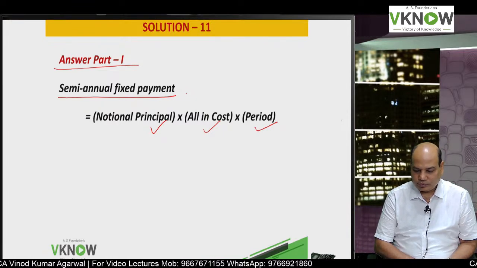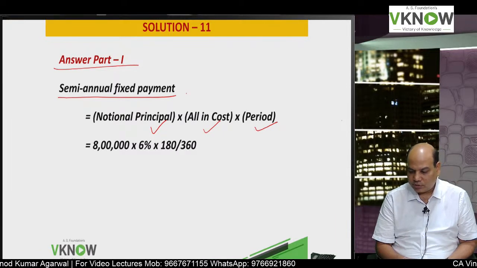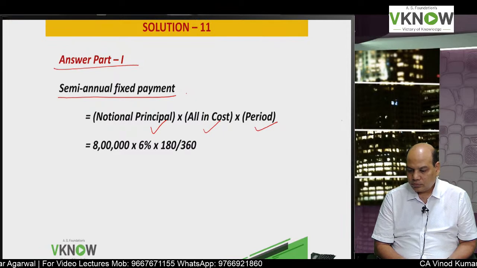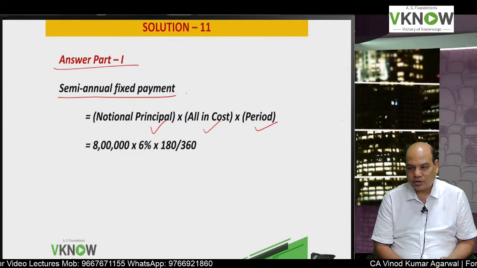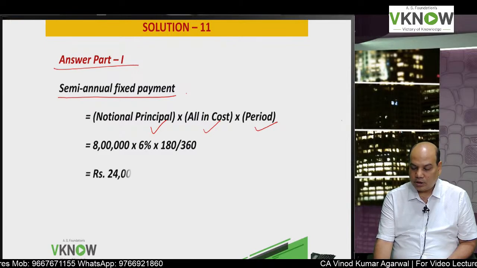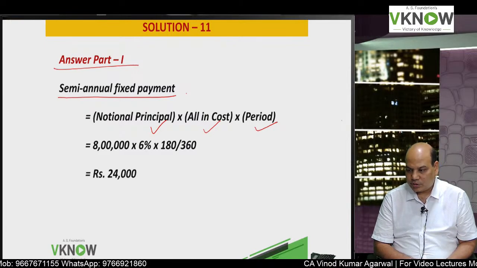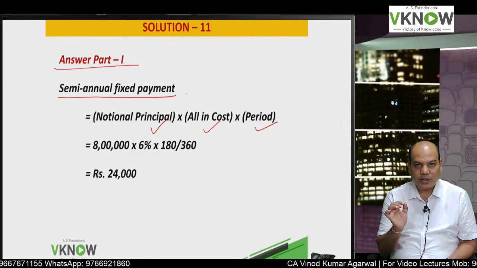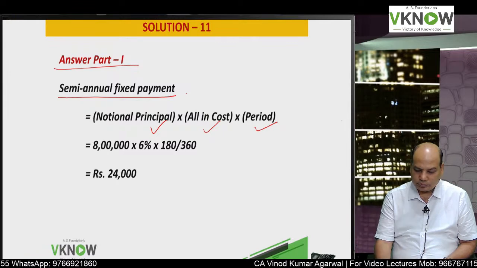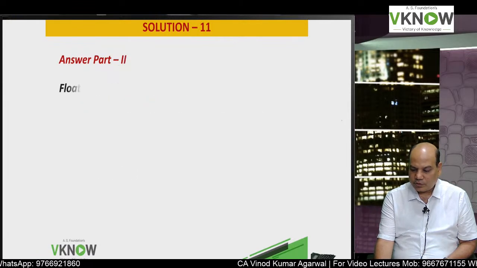Write down notional principal amount into all-in cost into period: 8 lakh into 6% into 180 divided by 360. So that is equal to 24,000 rupees. The fixed rate payer will pay 24,000.